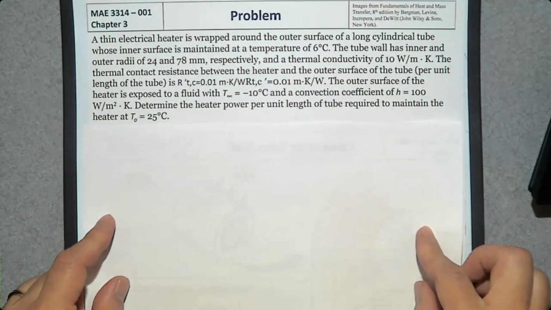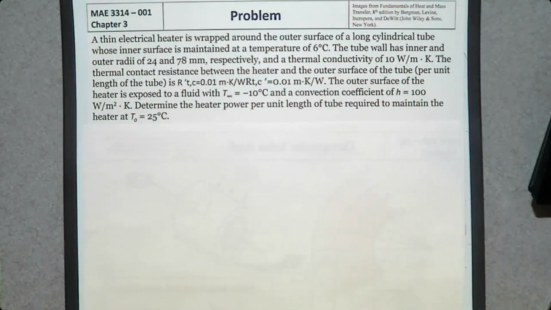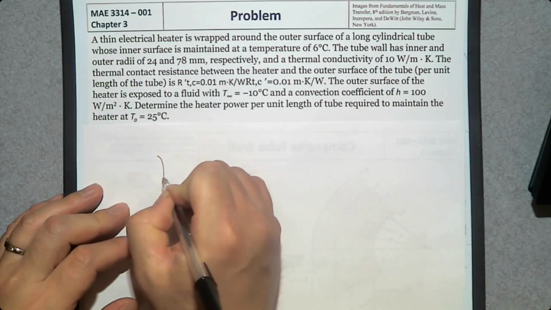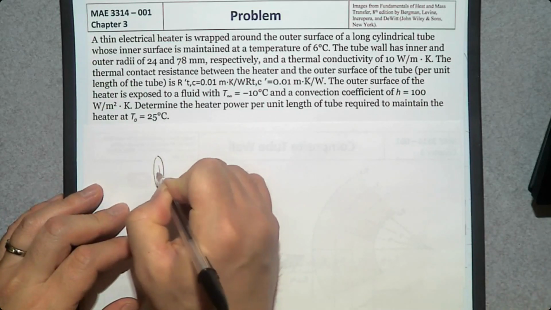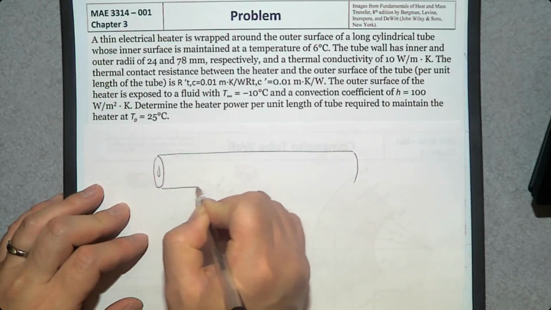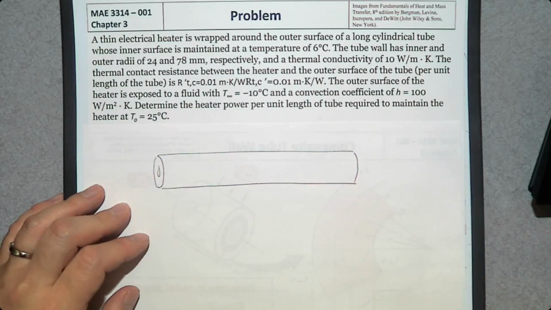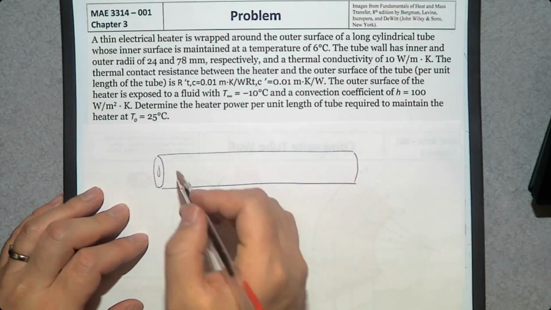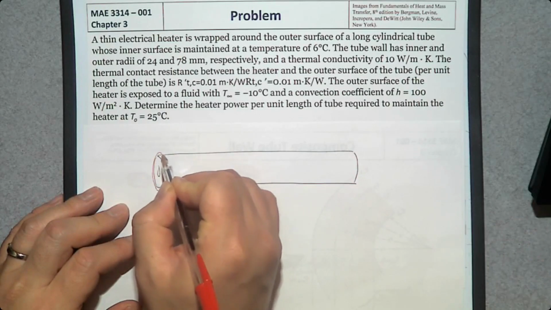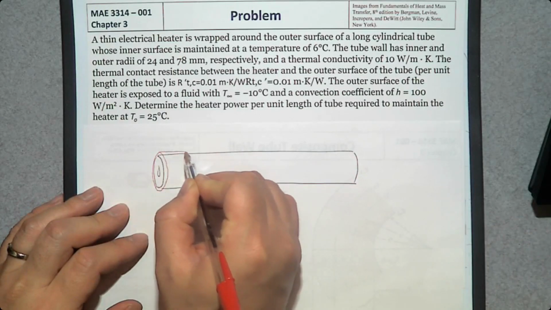Okay, so we have a thin electrical heater wrapped around the outer surface of a long cylindrical tube. So we have this long cylindrical tube, wrapping around with an electrical heater.